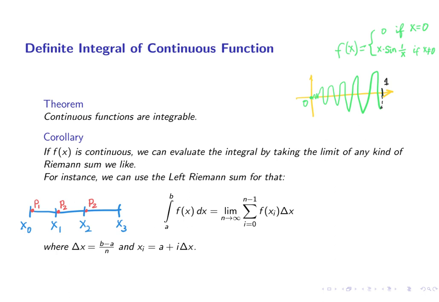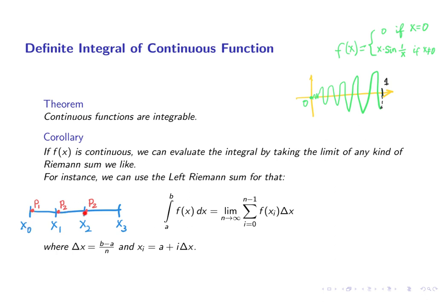For instance, we can focus only on those Riemann sums where the sample point on each interval is chosen to be the left point of that interval. So, for example, let's look at this picture. On the first interval between x0 and x1, we choose the sample point to be at the very left, so it would coincide with x0.